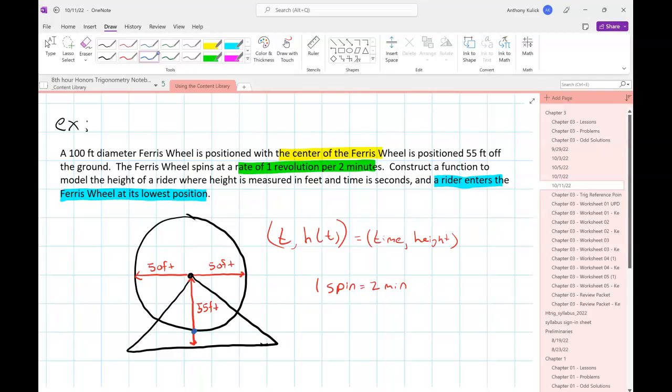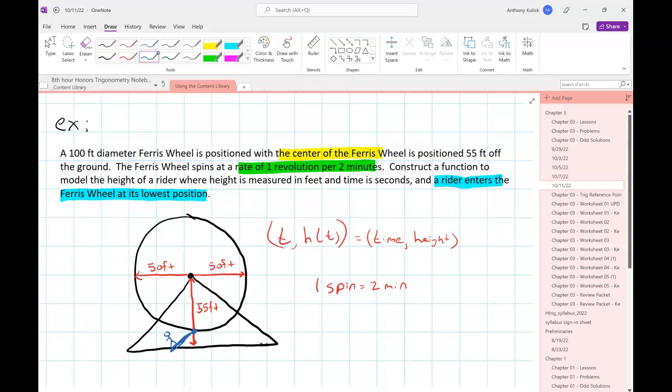So right here would be where we enter. So maybe we have like a little extra ramp here for a person to get into the Ferris wheel. Everybody cool with the picture that I've drawn and the information I've recorded?